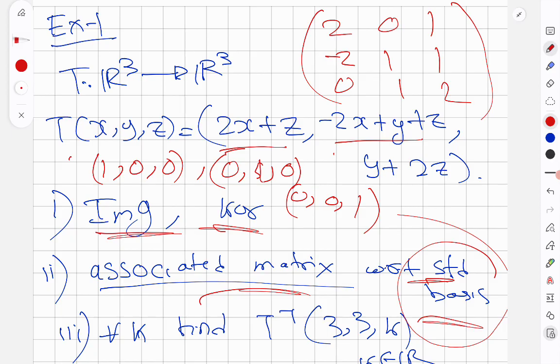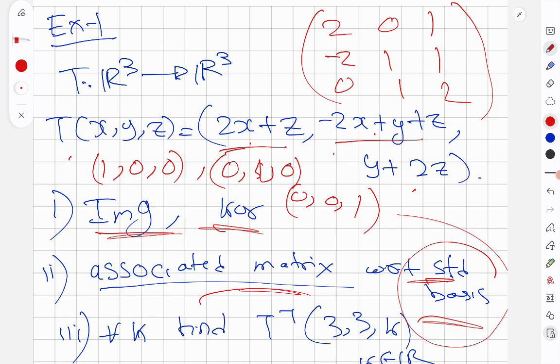So 1 0 0 would make 2 minus 2 0. Right now we're putting them in columns. This is for the images, the generators of the images with respect to the standard basis, which are the columns of the associated matrix.